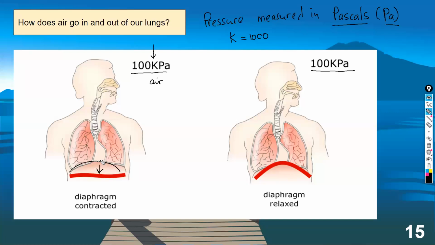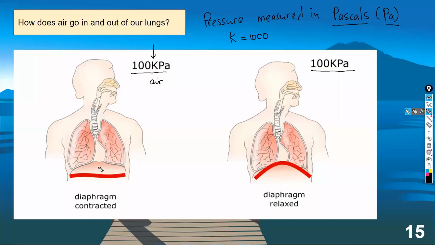When you move it downwards, does the space get larger? I'm talking about the whole inside of your body where the air has to be. If I move this downwards, did the space get smaller or did the space get larger? The space got larger, right?